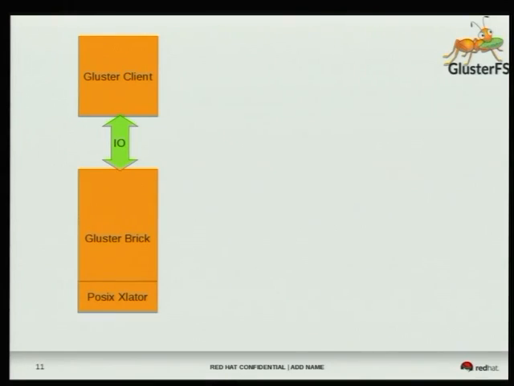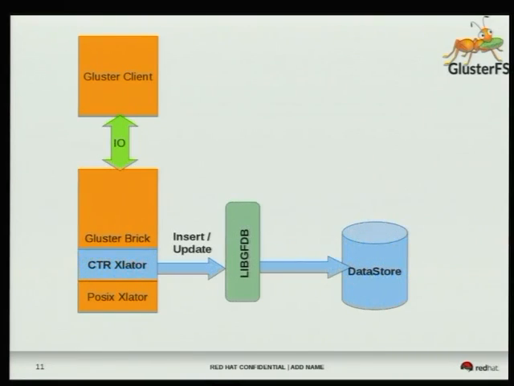What we have done is, on the server stack, at the bottommost, before the storage, we have added this. It's called CTR, change time recorder. What this does is, it intercepts the IO whenever it is coming down, does the calculations quickly, and pushes that information to the libgfdb. The libgfdb is going to write to the database.